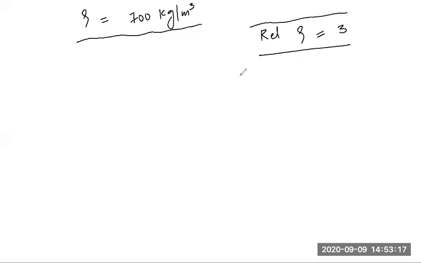Please tell me by how much kg the mass of this substance is more than the mass of the other substance. I repeat the question. Density is 700 kg per meter cube for material 1. There is another material 2 whose relative density is 3. By how much kg is the mass of the second material more than the first material? All the best. Do it.